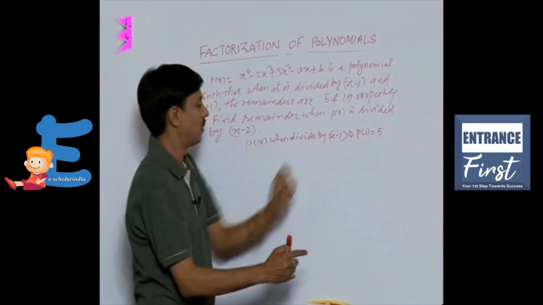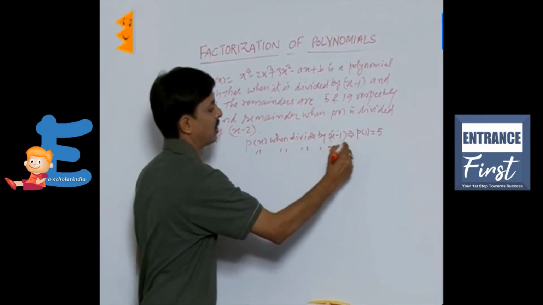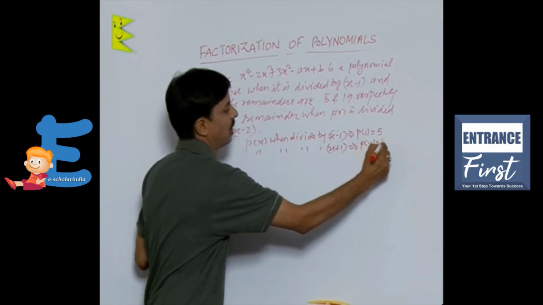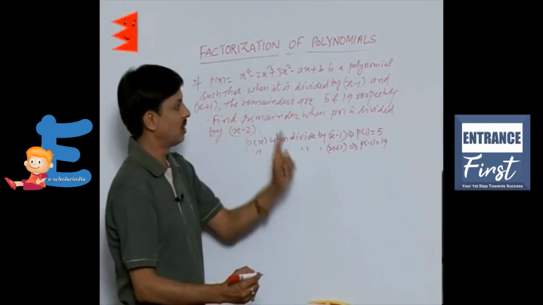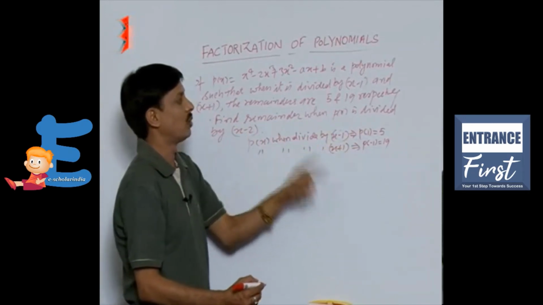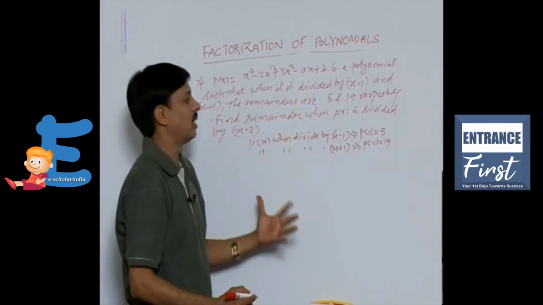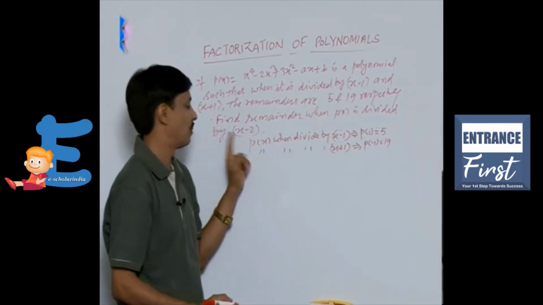When P(x) is divided by x plus 1, then P(minus 1) is 19. So we will get two equations, and with the help of these two equations, first we will find a and b, and after finding a and b, we will find the remainder when the same polynomial is divided by x minus 2.